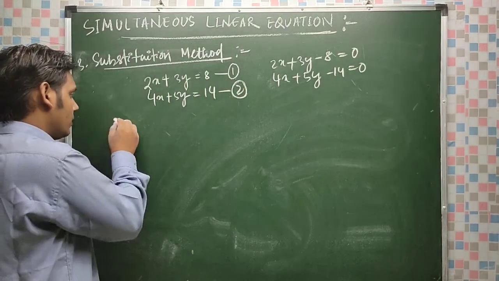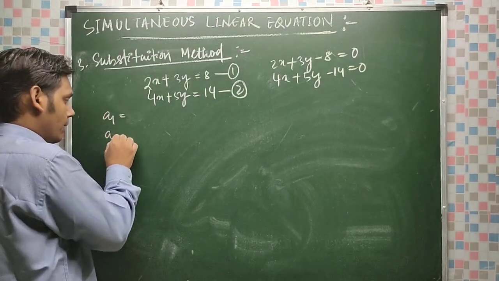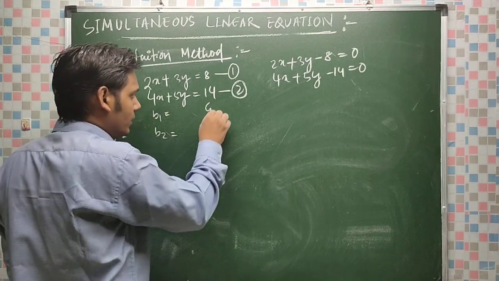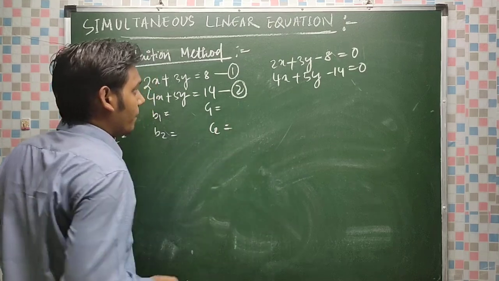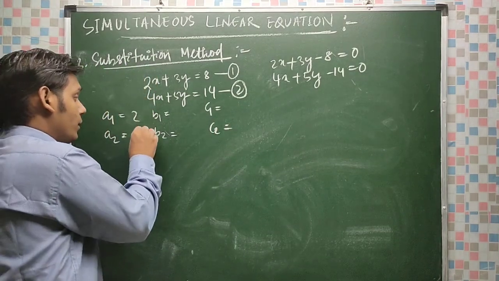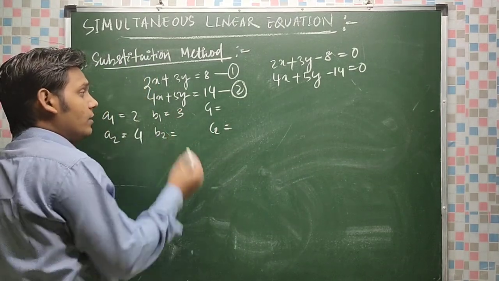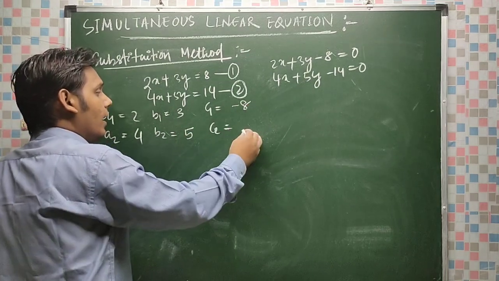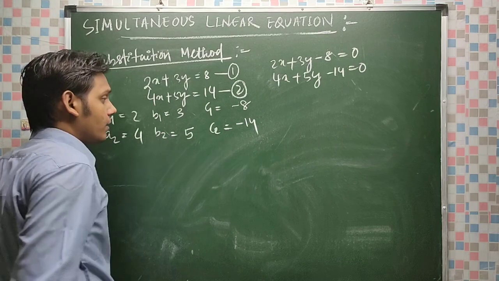Now a1 is 2, a2 is 4, b1 is 3, b2 is 5, c1 is minus 8 and c2 is minus 14.